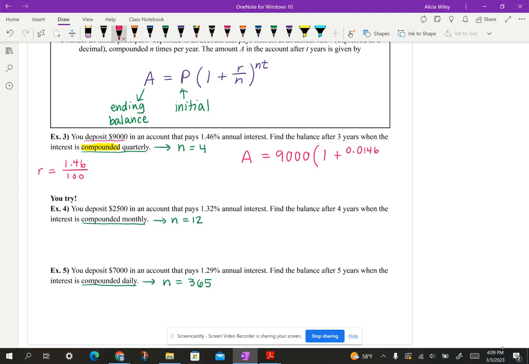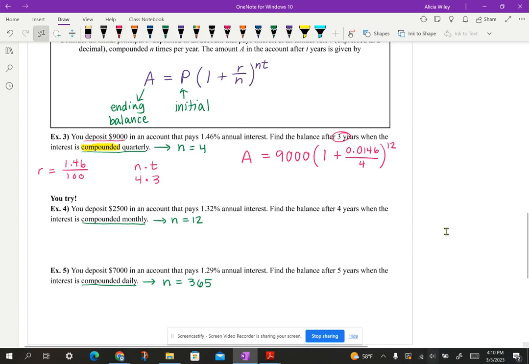That's R divided by N. Now, since it's compounded quarterly, my N is 4. Close the parenthesis. In the formula, it's N times T. Well, my N times T is going to be 4 times the number of years they gave us, which is 3. So that would be 12. And you can go directly to writing the 12.